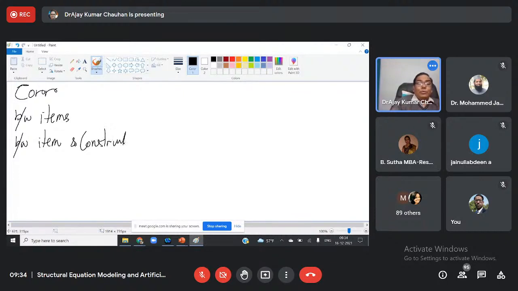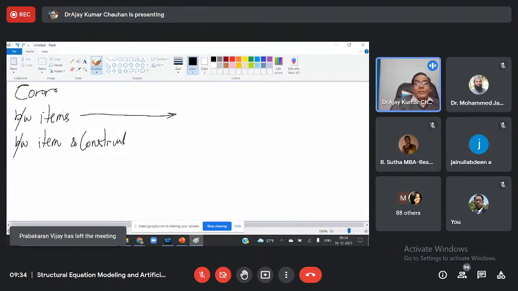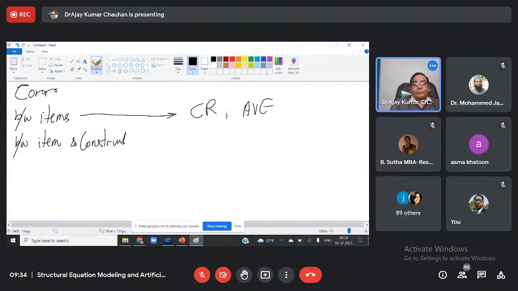So I need to identify two things. The first answer is given by CR and AVE, and the relationship between items and construct is represented by lambda. So there are three measures which answer my two questions: CR and AVE answer the first, and lambda answers the second.